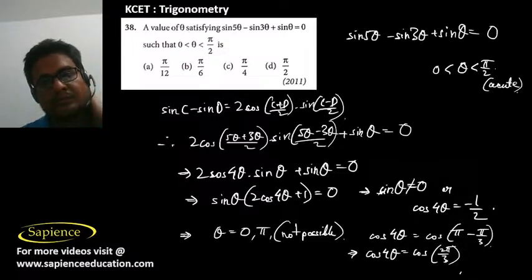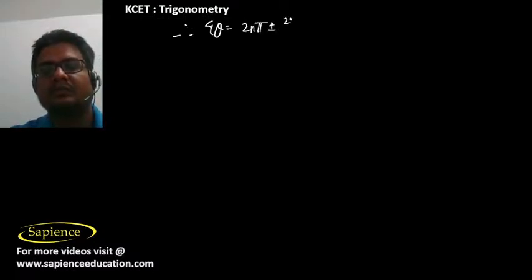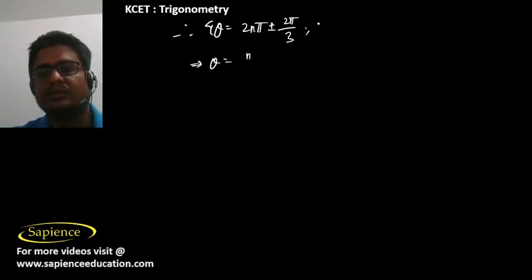So 4 theta should be equal to 2n pi plus or minus 2 pi by 3, where n belongs to Z. This is the general solution. So theta is n pi by 2 plus or minus pi by 6.